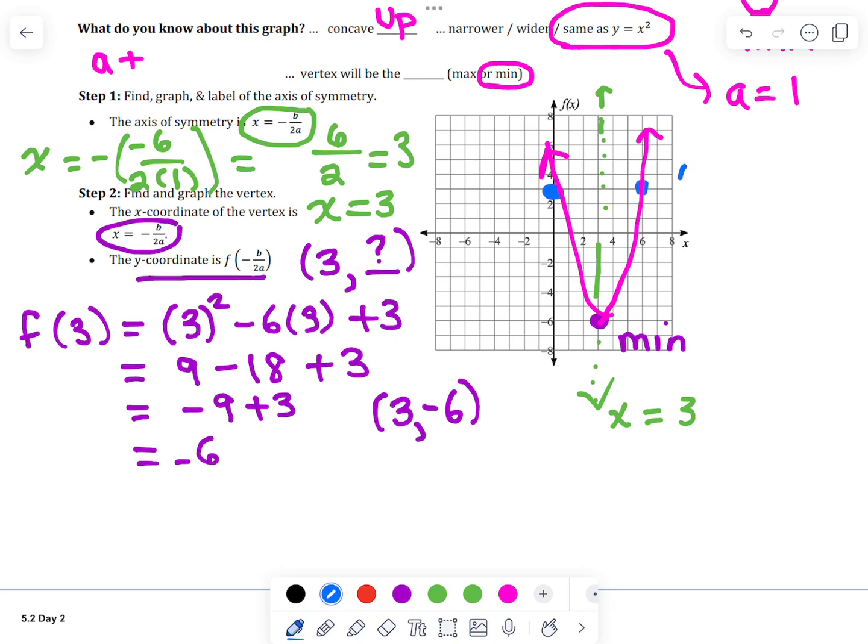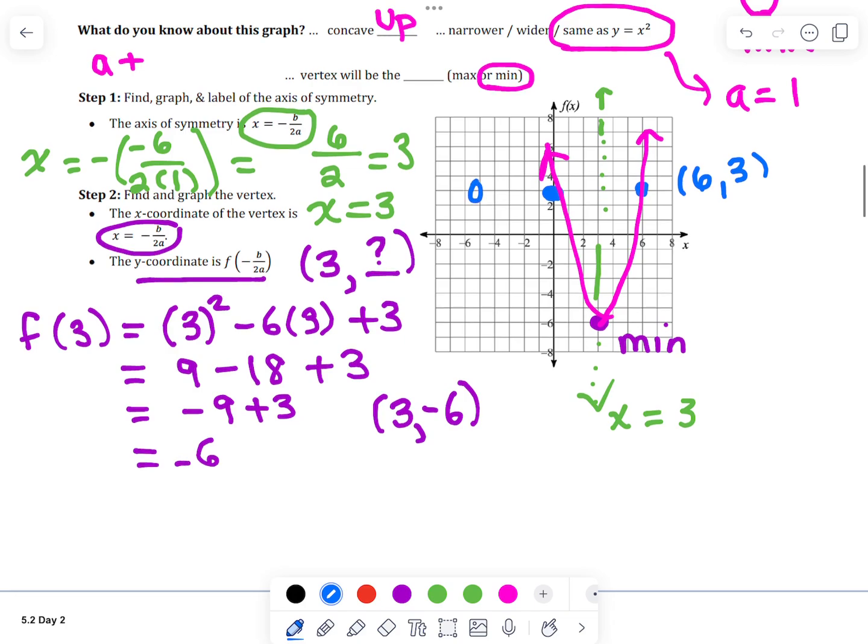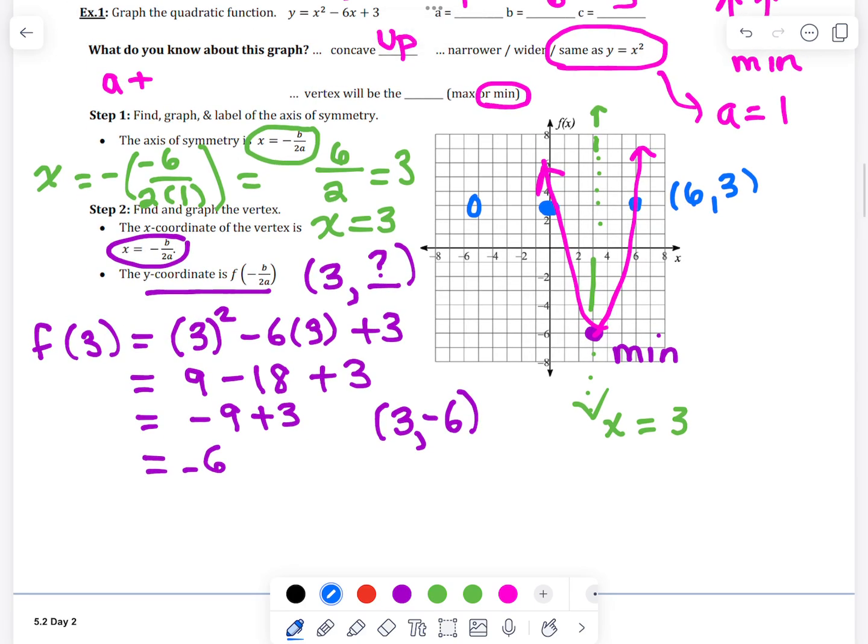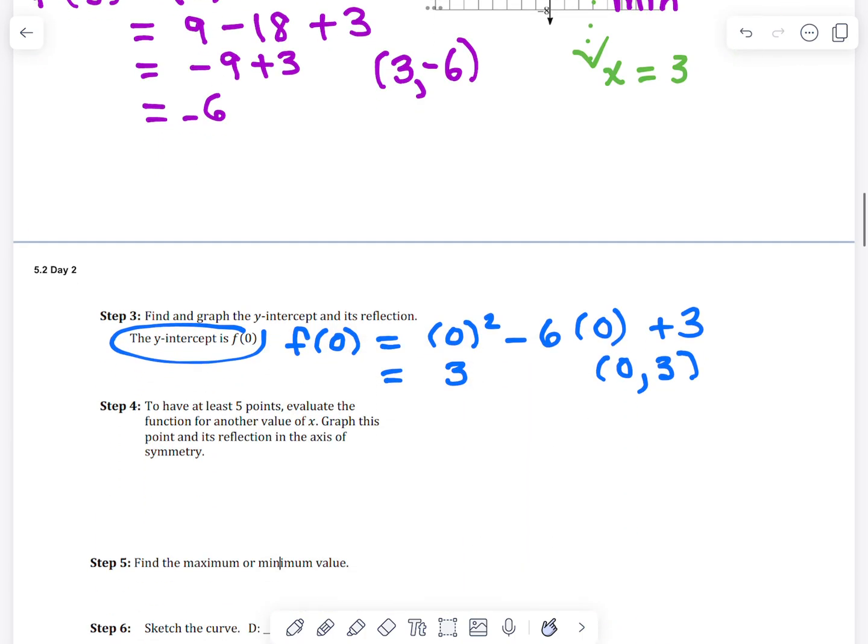So this ordered pair here is 6, 3. This one is 0, 3. And then that minimum vertex point was 3, -6. We can also find additional points if we want by evaluating the function.